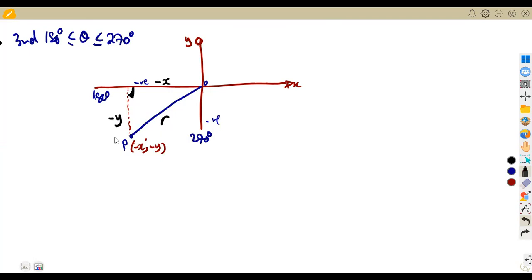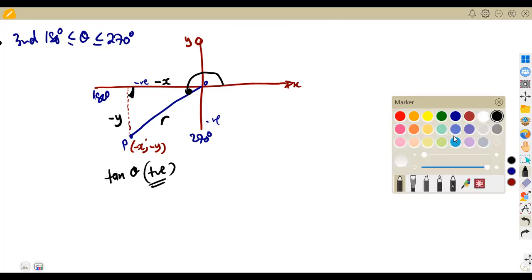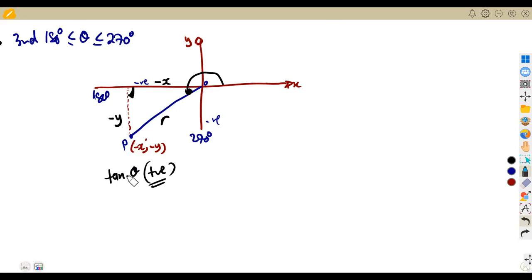So I want you to find your ratios, but in this quadrant it is the tan of theta that is going to be positive. I want you to finish up, find your ratios and see if truly what I'm saying is the truth, that the tan of theta there is going to be positive.